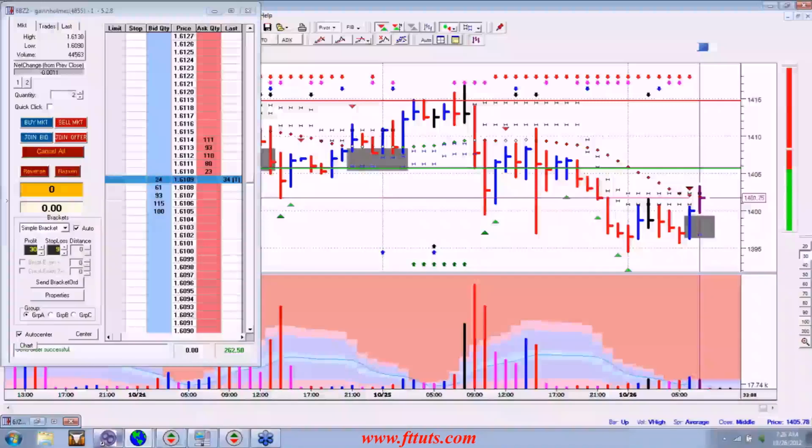So add 45 to this low, and that projects to 1.0063 on the Canadian, if we indeed turn up.